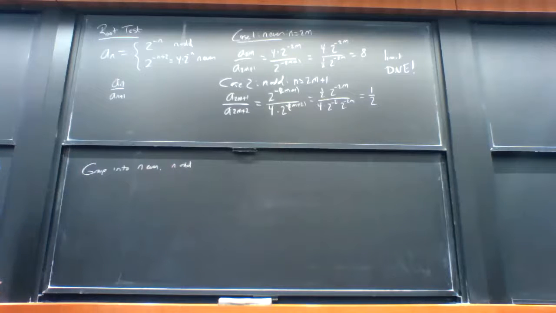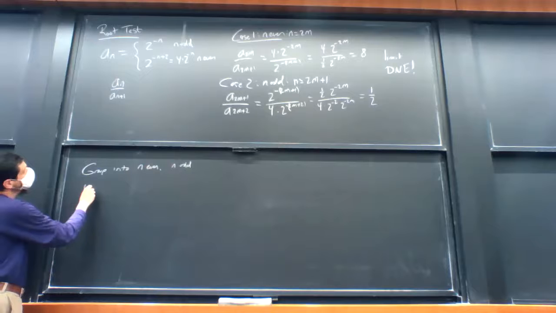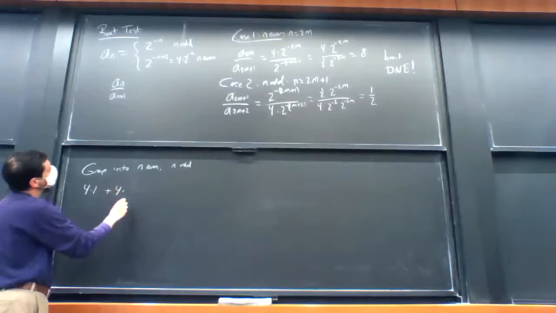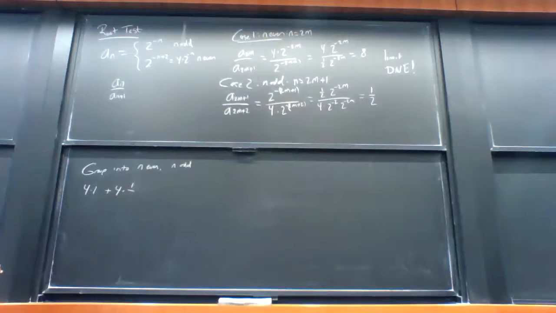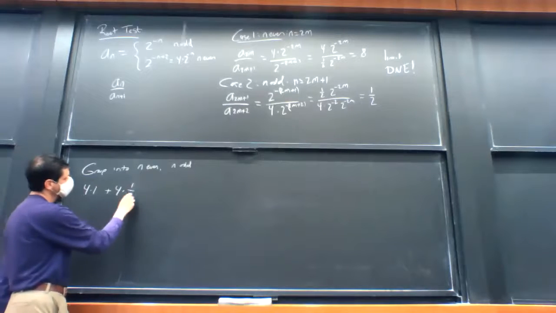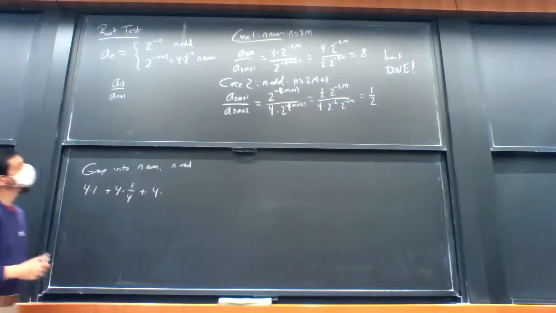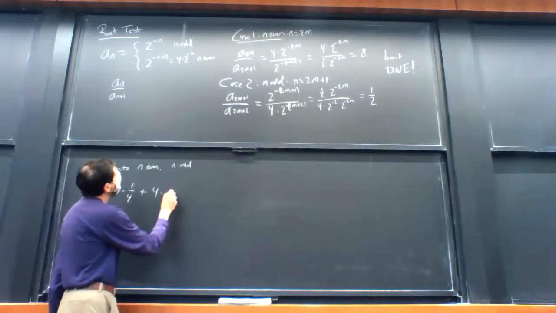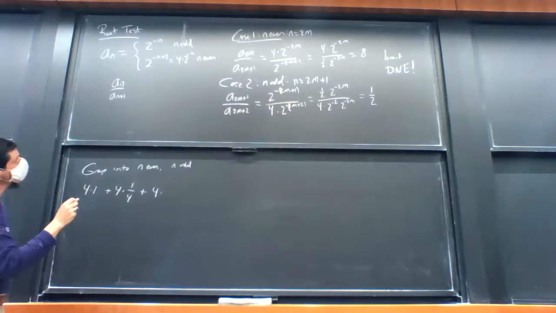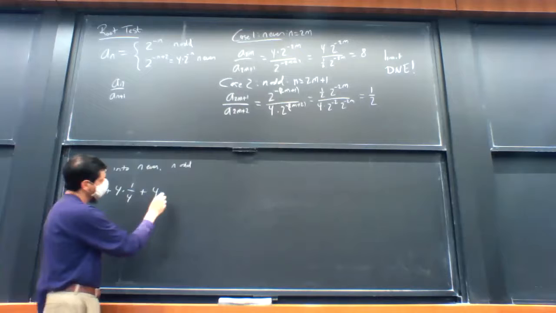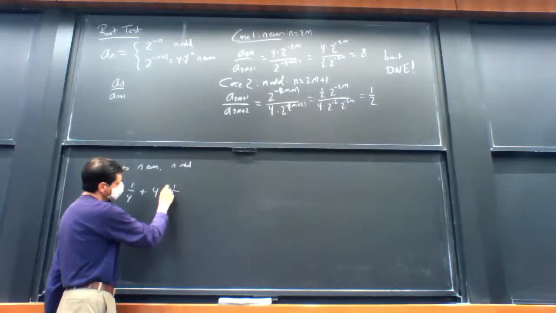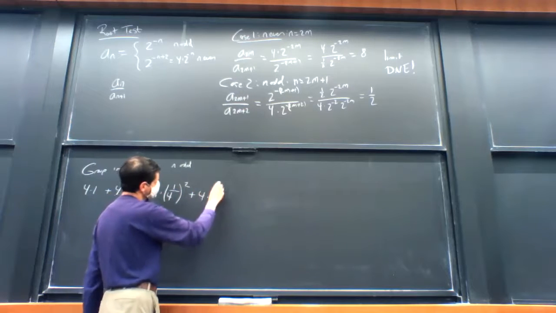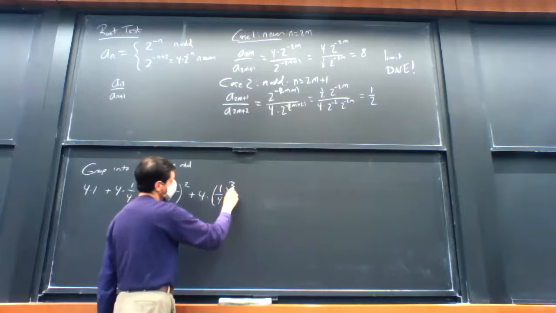And if you take an even, you get 4 times 1 plus 4 times, when n is 2, you get 4 plus 4 times, when n is 6, you would have 4 times 1/4 cubed.